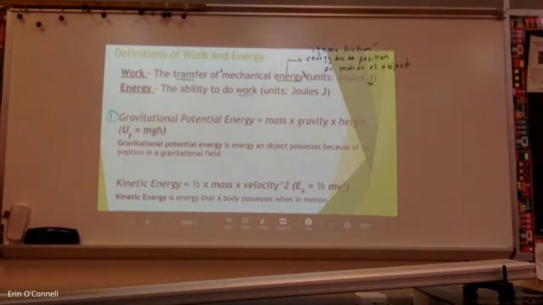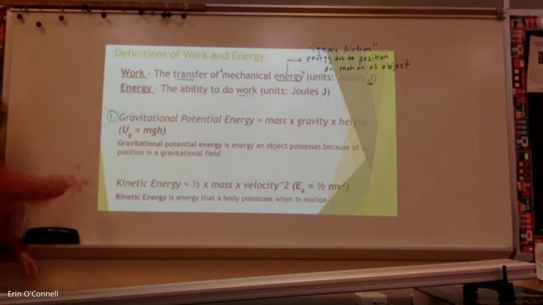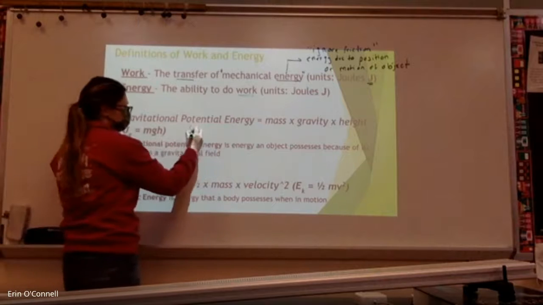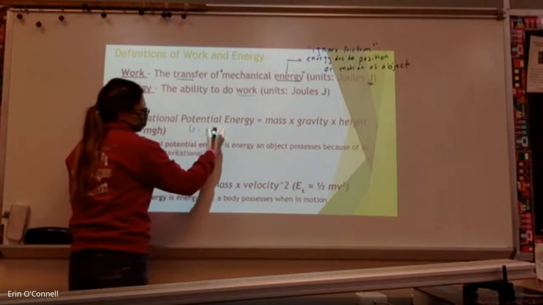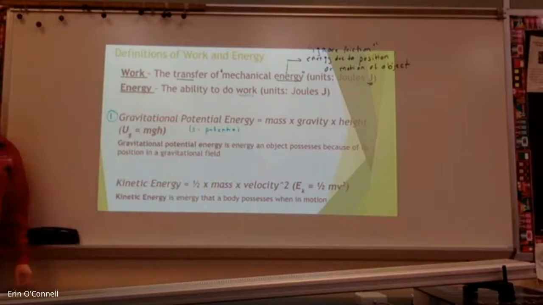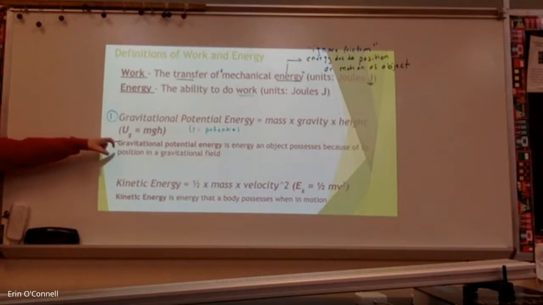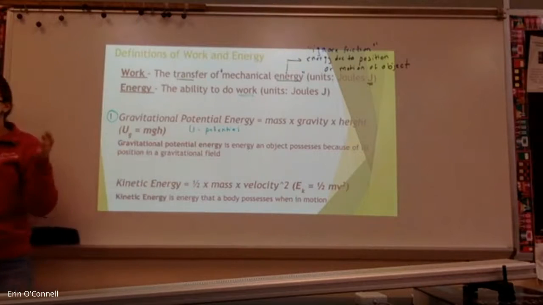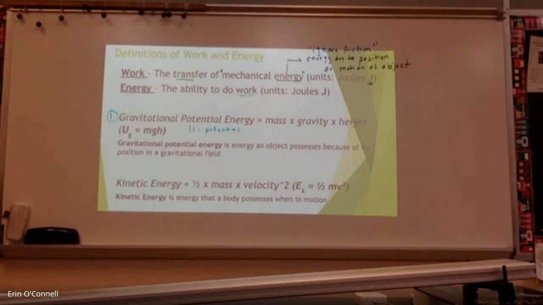You'll see it written two different ways. So U stands for potential. Okay, so U sub G would be gravitational potential. If you see U sub S, it's spring potential. So you'll see U representing any type of potential energy.